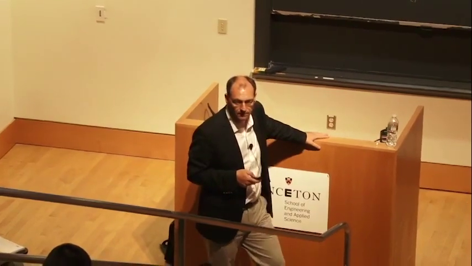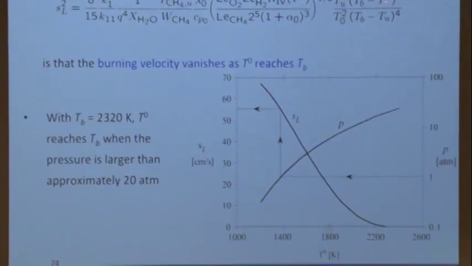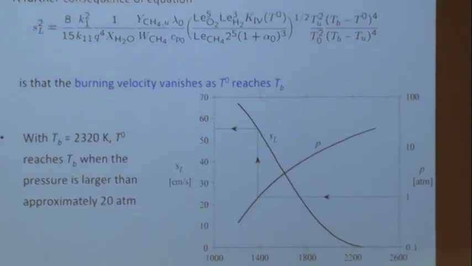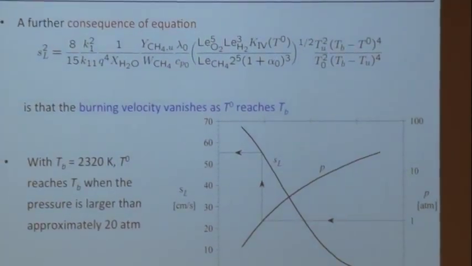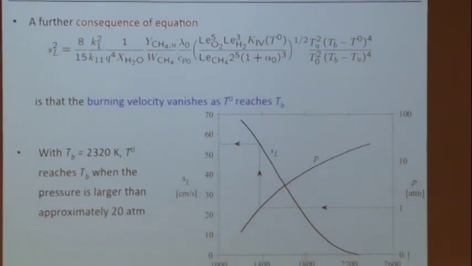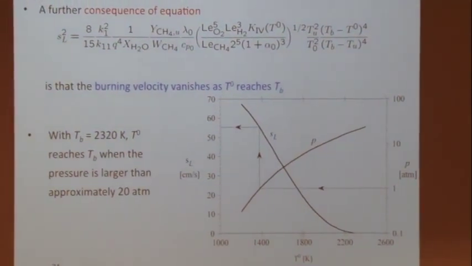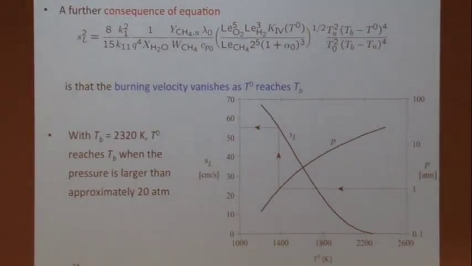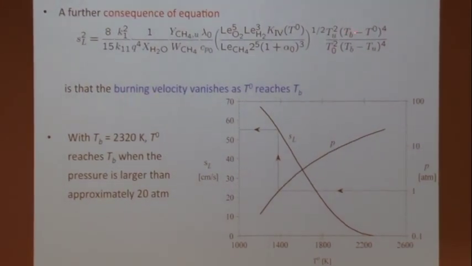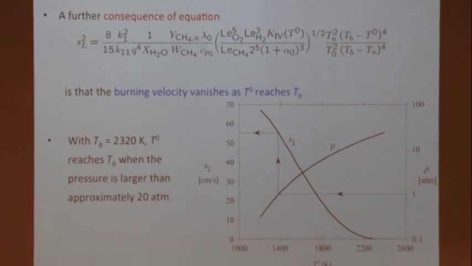It doesn't depend on the composition of your gases or whatever, okay? So with the pressure fixed, T naught is fixed. But now, if you dilute your mixture, or you make it more lean, then TB gets smaller, okay? You can dilute this so much that TB is equal to T naught, okay?